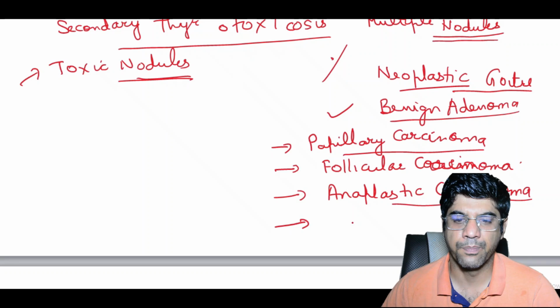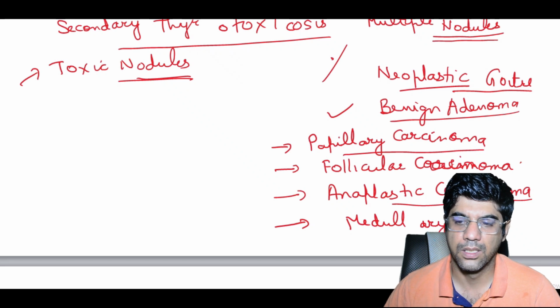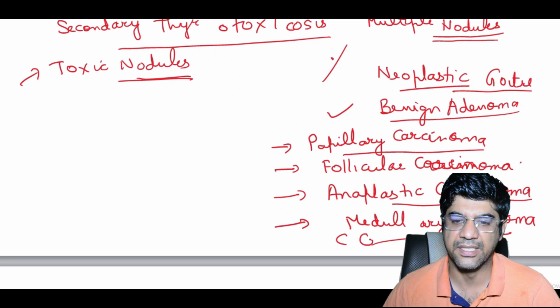Those arising from the parafollicular cell is medullary carcinoma. It arises from the C cells and secretes calcitonin.